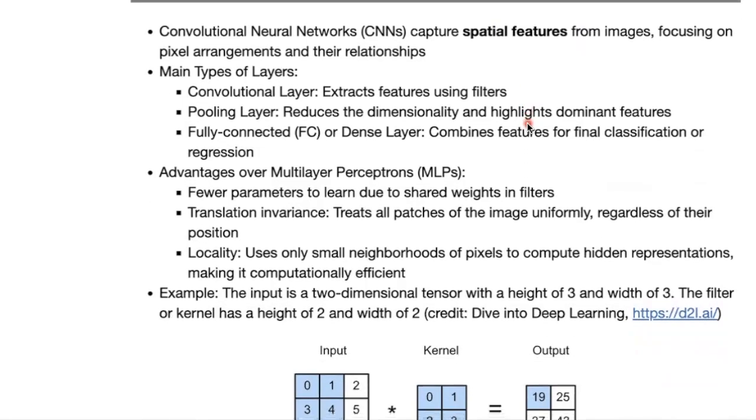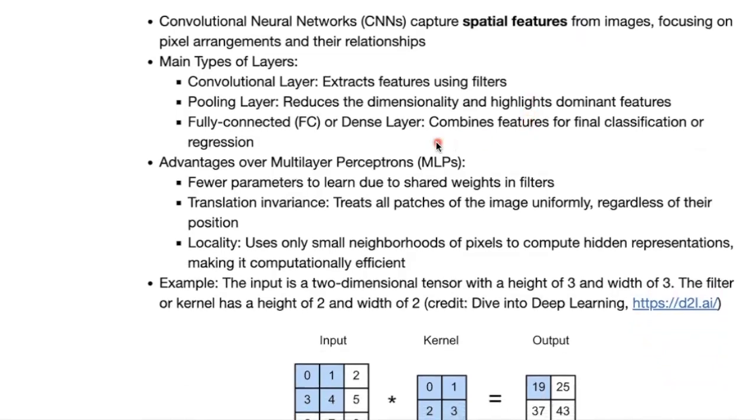There are three main types of layers that we are going to use in convolutional neural networks. The first one is obviously the convolutional layer, and that's what really allows us to extract spatial patterns and have small windows or kernels that we can traverse through the image.